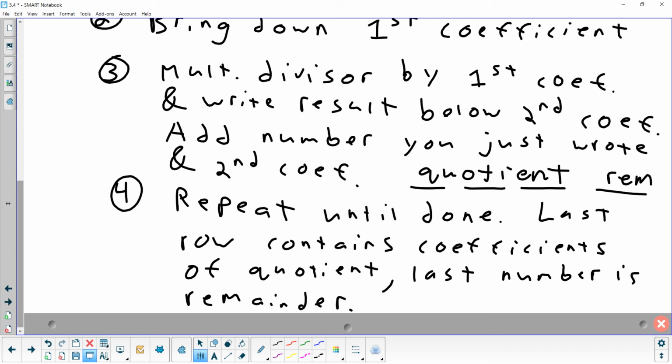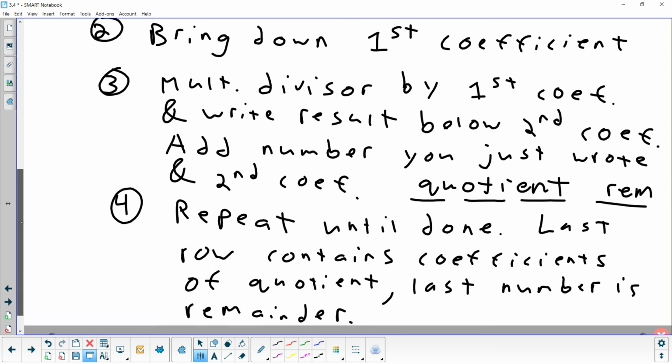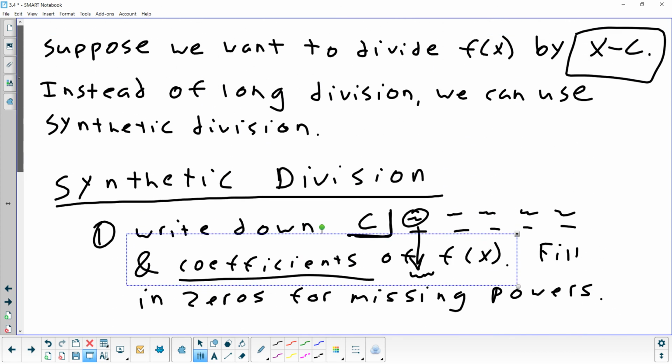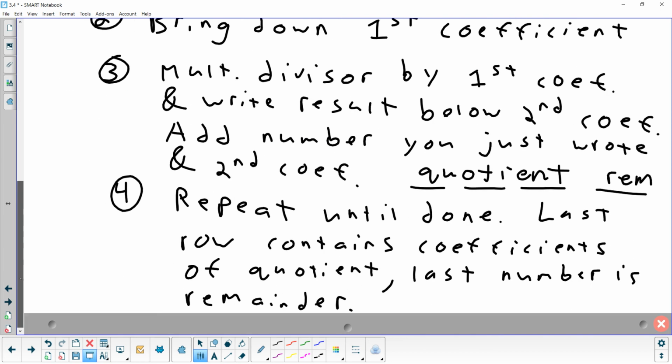And let's go through an example. Seems confusing to write out the process, but when you actually do it, this is way faster than long division. It's very fast. But remember, you can only use it when you're dividing by x minus a number, or anything that could be rewritten to look like x minus a number. So we talked a little about that yesterday as well.